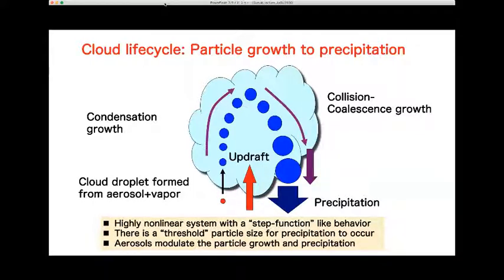That means that aerosols or minute air pollutants can modify the cloud properties and the precipitation characteristics, and eventually have a profound impact on the climate.